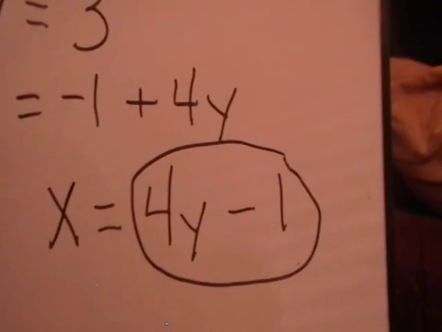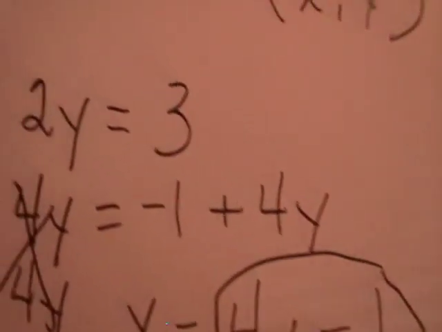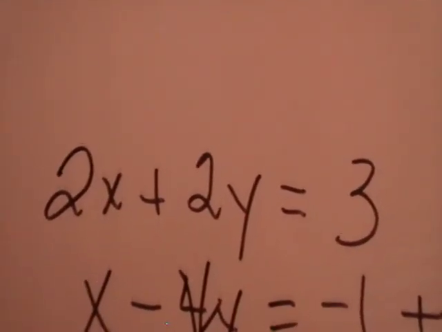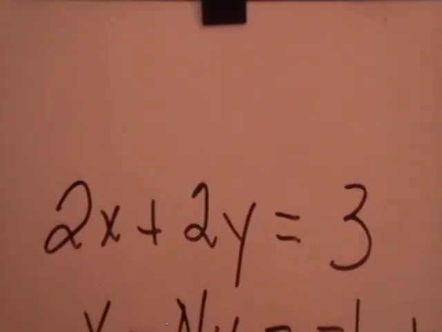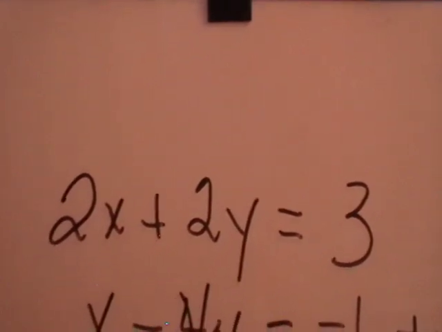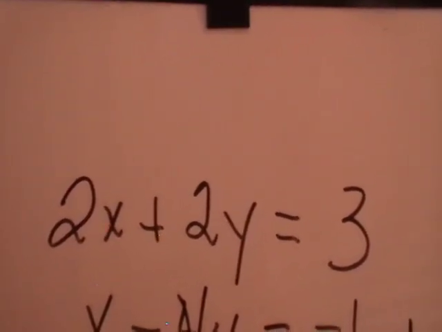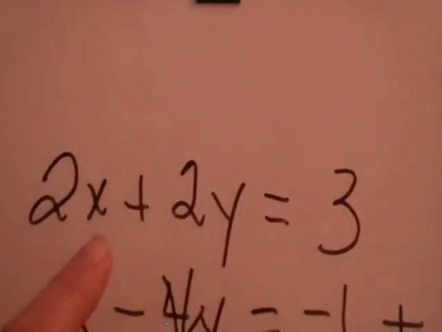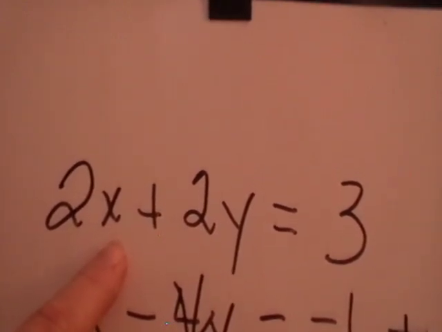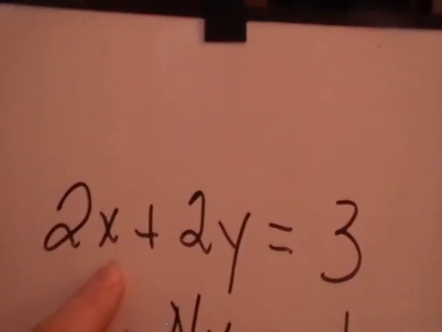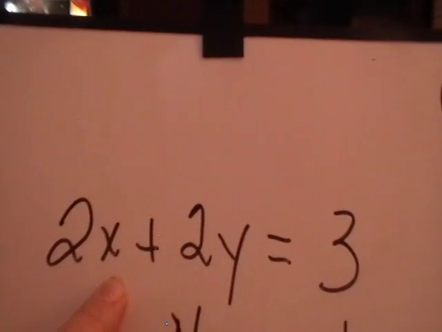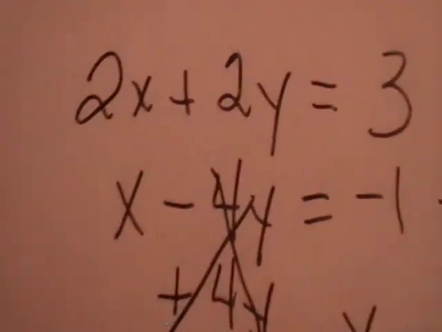So now I go back to my other equation. What was that other equation? 2x plus 2y equals 3. So now every time I see x in this equation, right there we are, I have to put in 4y minus 1. So let's do that. We're going to come over here and we're going to have 2.